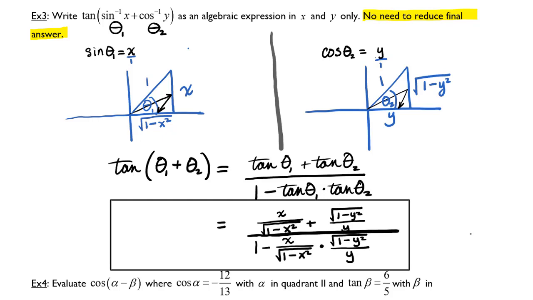This incredibly messy fraction is the equivalent of tangent of theta 1 plus theta sub 2, and this is a sum of two generic angles.